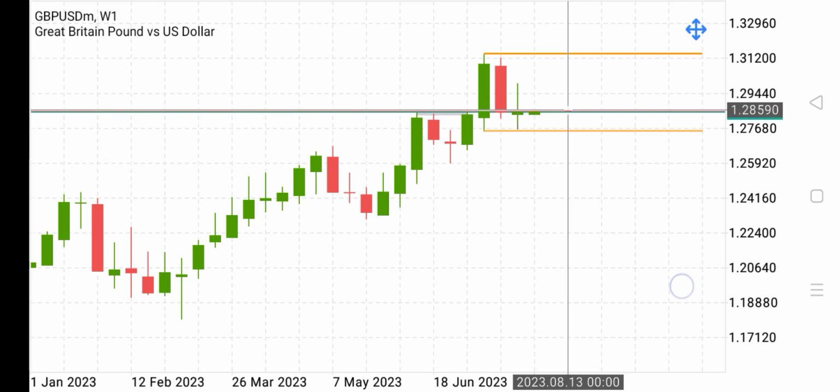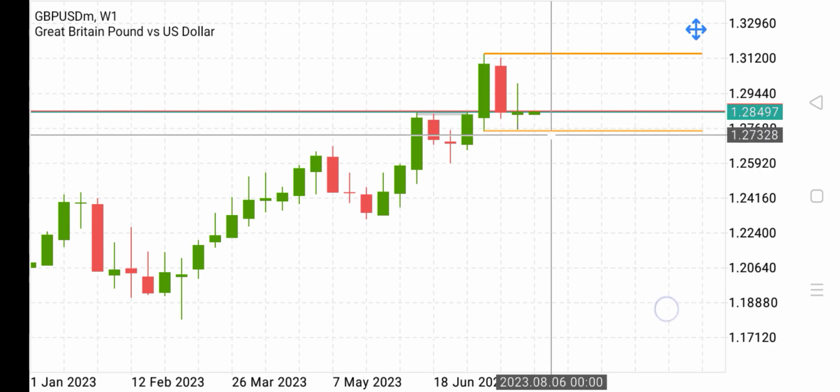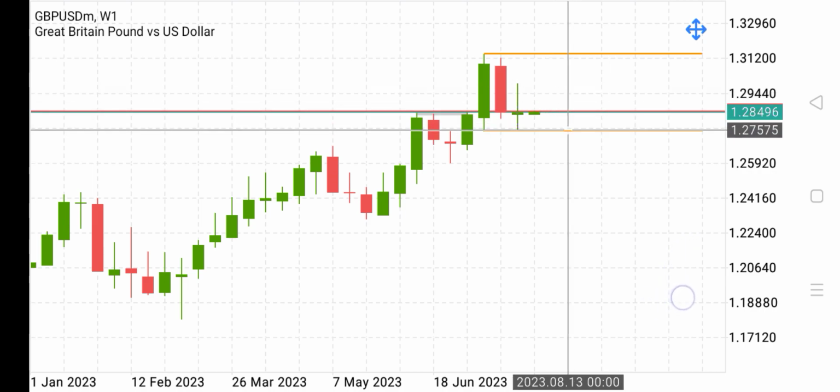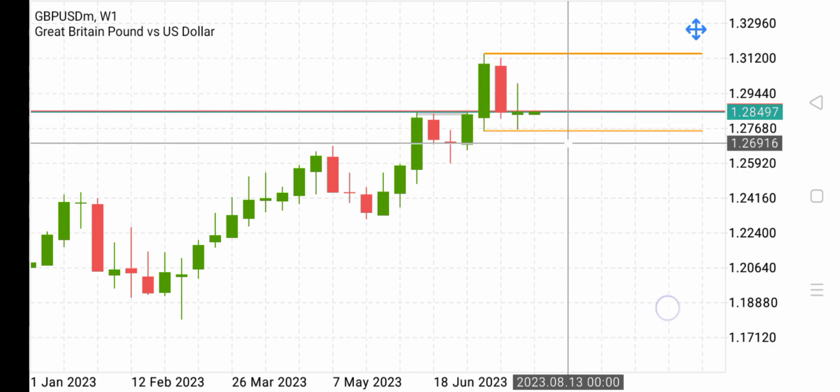So what are we expecting this week? We're expecting this new candle that has started forming in this range to either move up or move down. We see this in an uptrend.